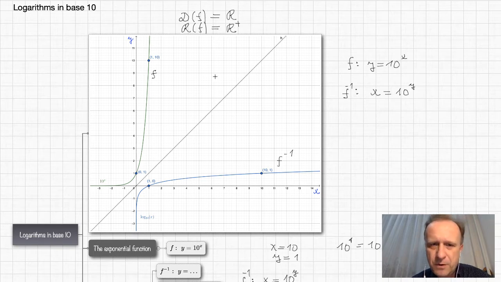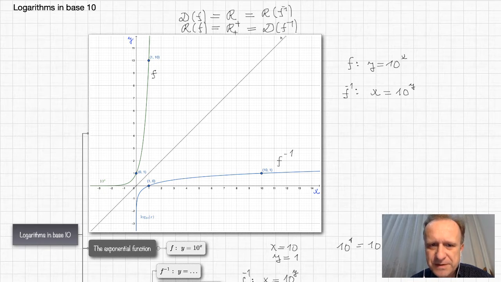Now, as you well know, there is this property of inverse function, that the inverse function has the domain and the range interchanged. So what was the domain of the original function is actually the range of the inverse function, and what was the range of the original function is actually the domain of the inverse. So the logarithm has the domain, the numbers that you can input into it, just the real positive numbers.